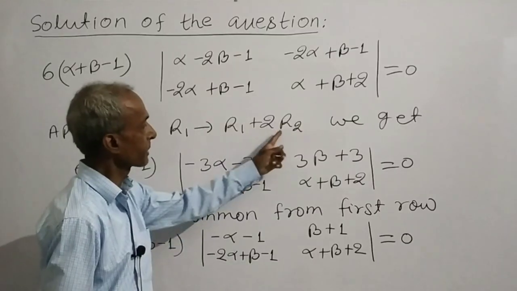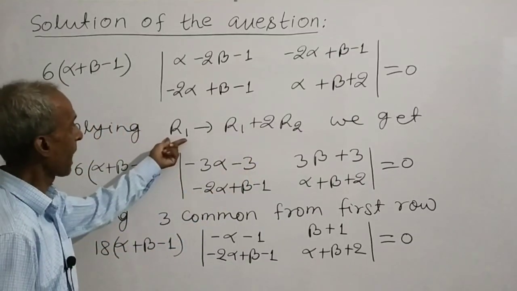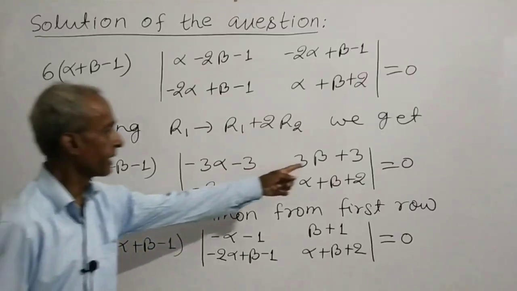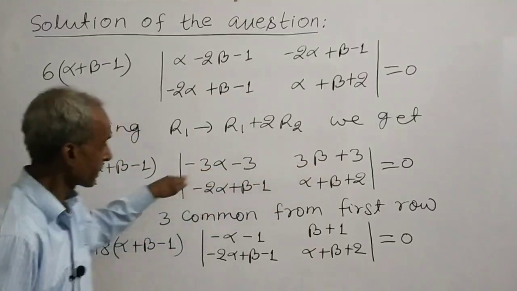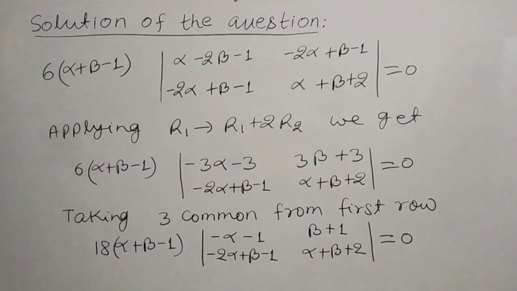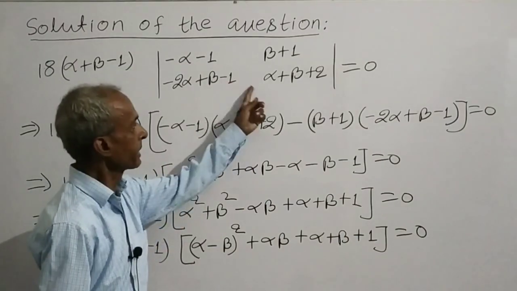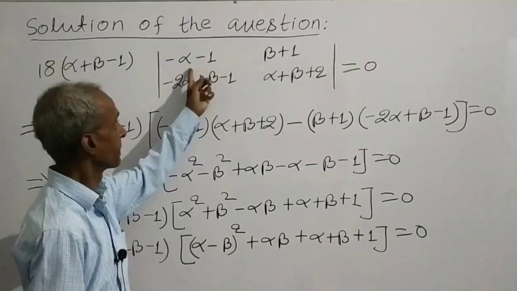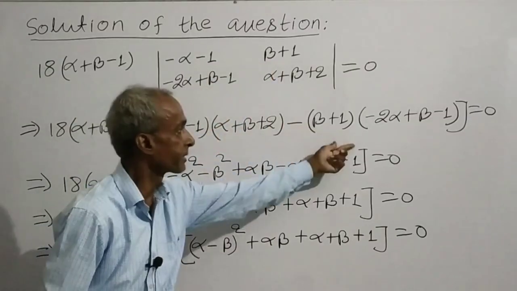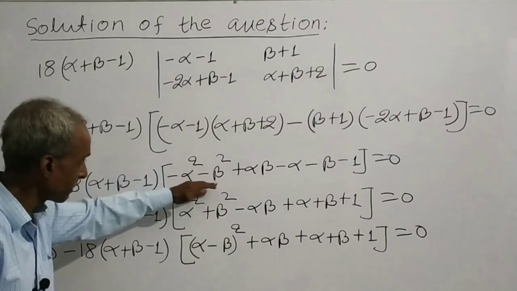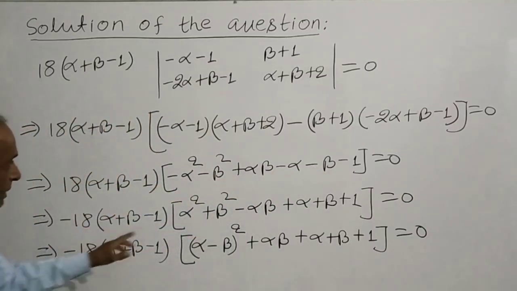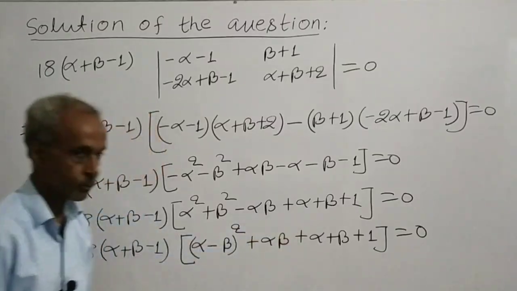Writing R1 plus 2R2 in place of R1, we get this. Taking 3 common from the first row, we get this. Now we expand this determinant: this times this minus this times this. After simplification, we get this. Taking the minus sign common, we get this.